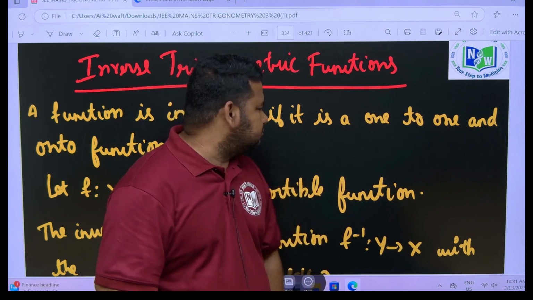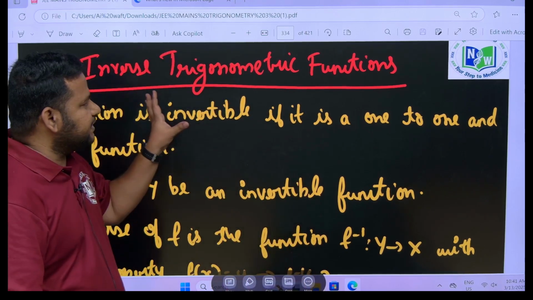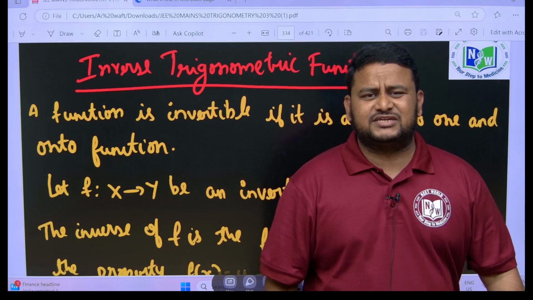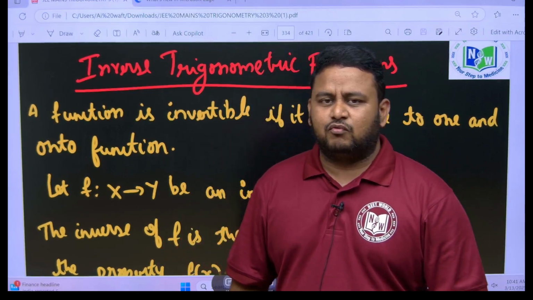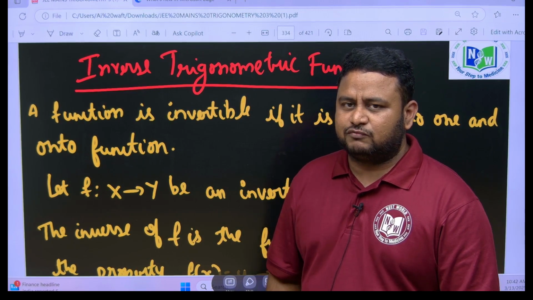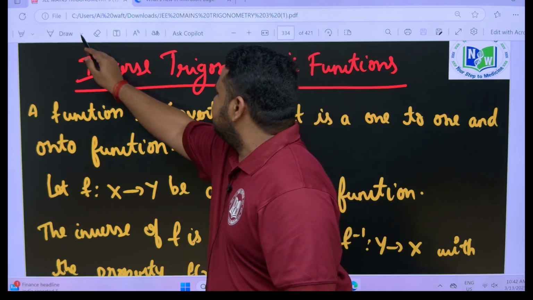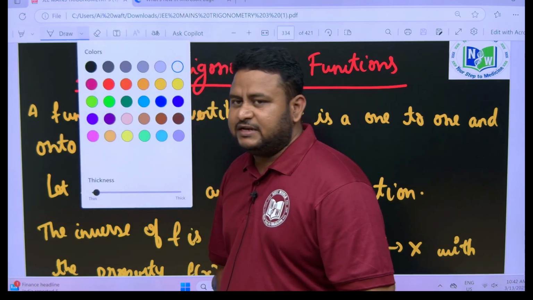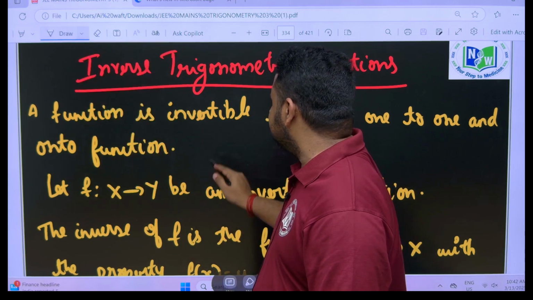Got it? Now let us understand what we mean by inverse trigonometric functions. In the sets, relations and functions chapter you would have learnt what an invertible function is. An invertible function is one which is both 1-1 and onto. Similarly, for a function to be an inverse trigonometric function, it should first be invertible.